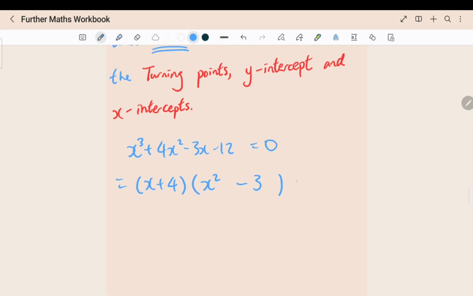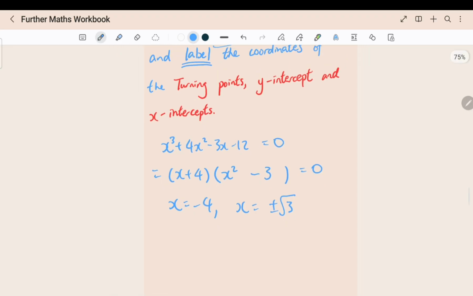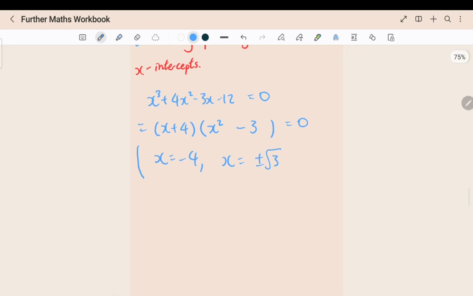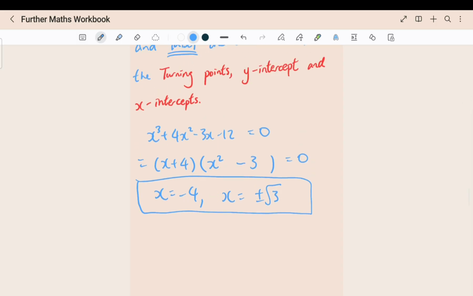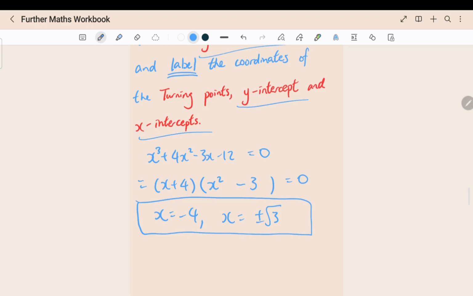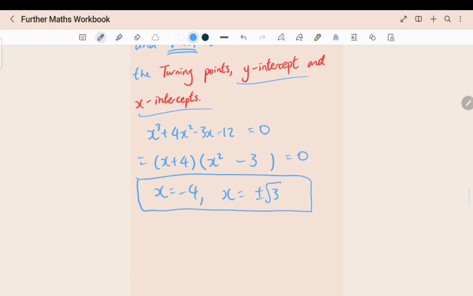So if I set this equal to 0, I can solve. So I get x equals minus 4, or x equals plus or minus the square root of 3. And then these will be my roots, which is where my curve will cross the x-axis. And then for my y-intercept, it is when x equals 0.